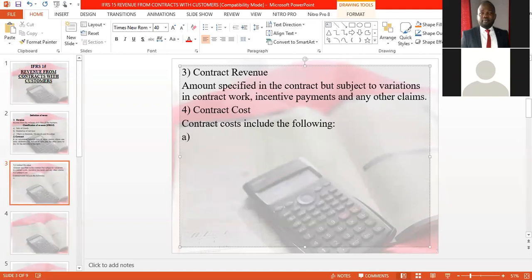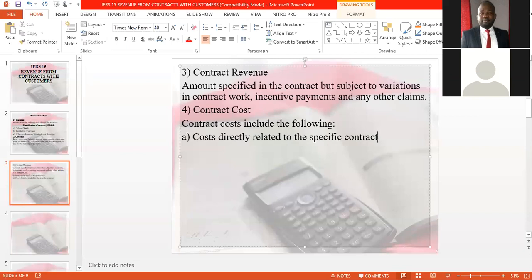Number 1, costs directly related to the specific contract.